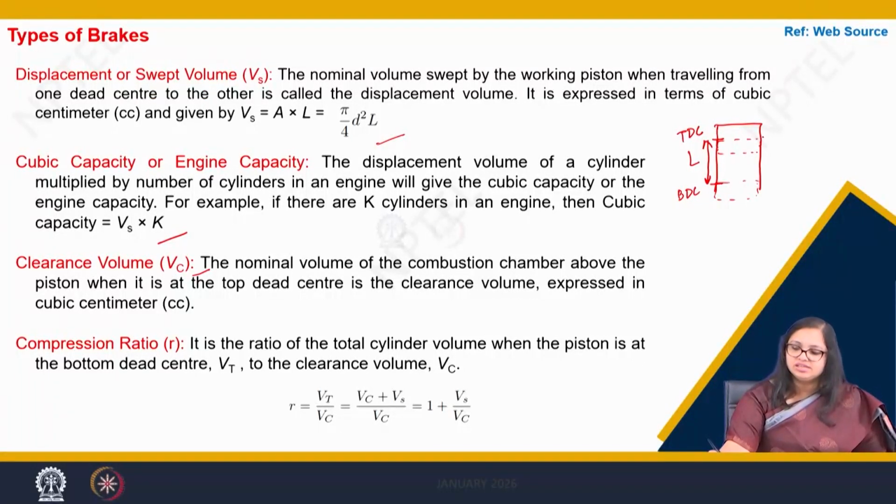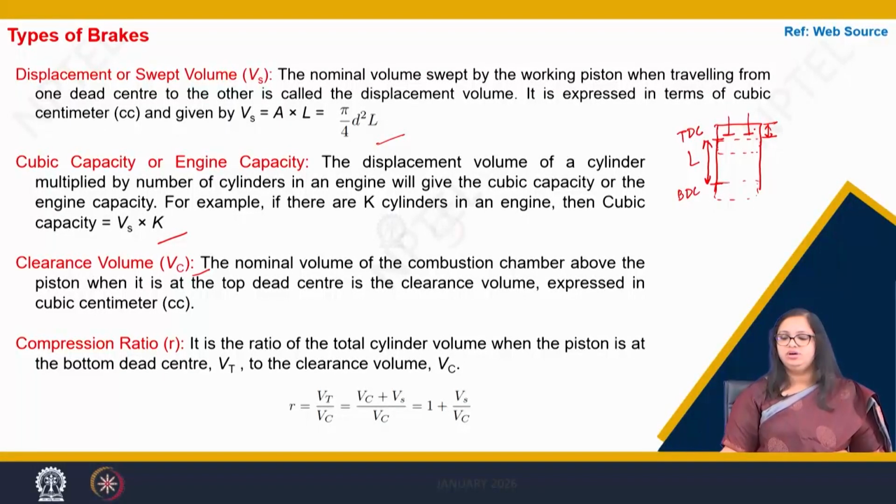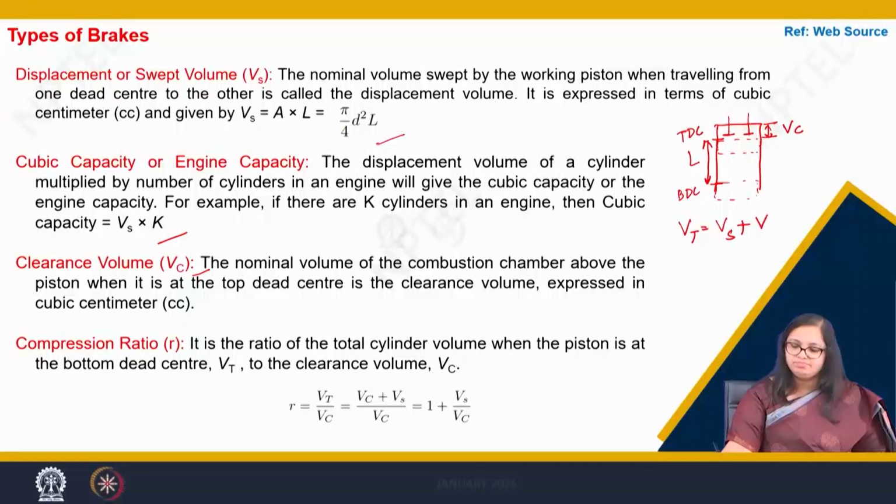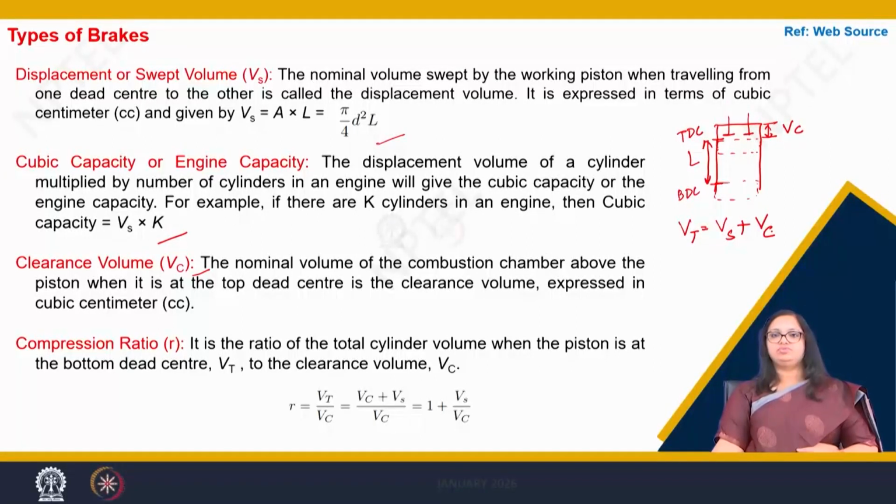However, there is some remaining volume, which is almost where our valves are, or our valves occupy that space, which we call the clearance volume. So, my total volume of the cylinder would be swept volume plus the clearance volume.